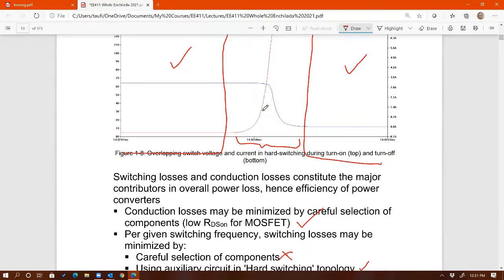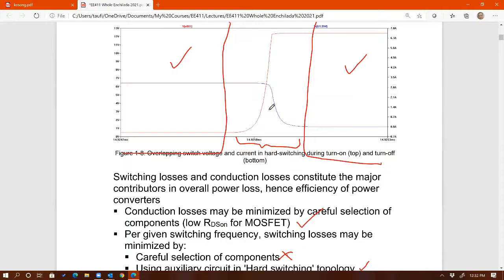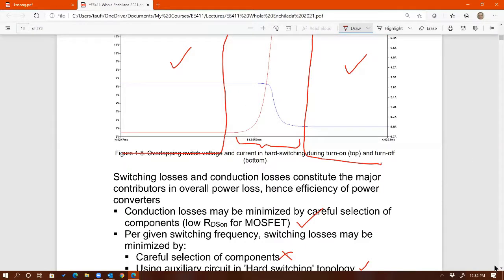But if we can somehow do the switching, turning the switch on and off without doing it with PWM, without hard switching the switch, then we should be able to minimize the switching loss, right?